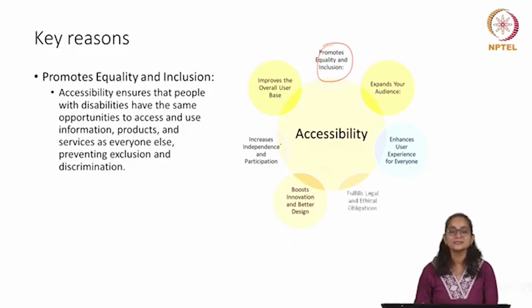We are not saying that XYZ is disabled, so we have to create something special for them. But rather we are saying that all people are different and we have to look at the problem in such a way that we are able to accommodate as many kinds of people as possible. So I hope you understand the nuanced difference between the two. If not yet, we will definitely make sure that you do during the course.